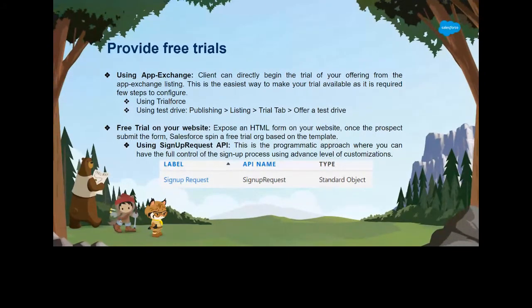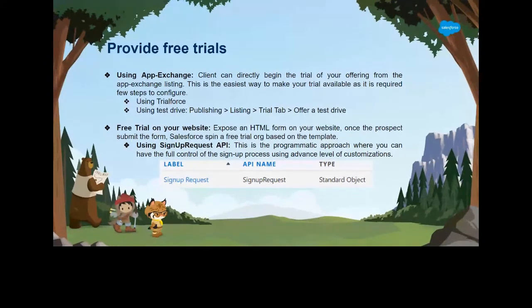The org we have created using offer a test drive will include two types of roles. One is the system admin role, and another is a read-only evaluator role. The system admin is responsible for configuring this dev org.